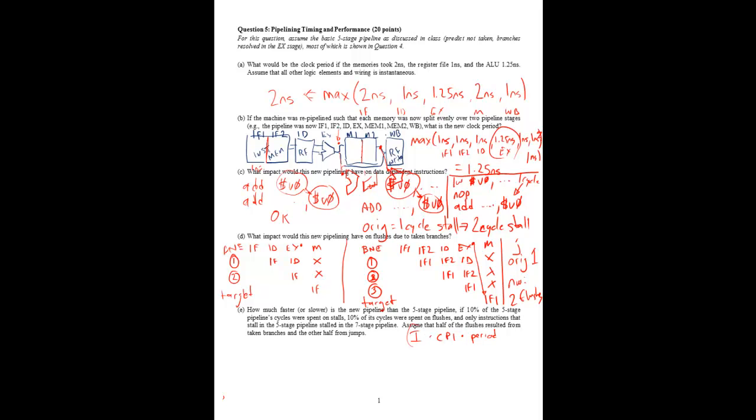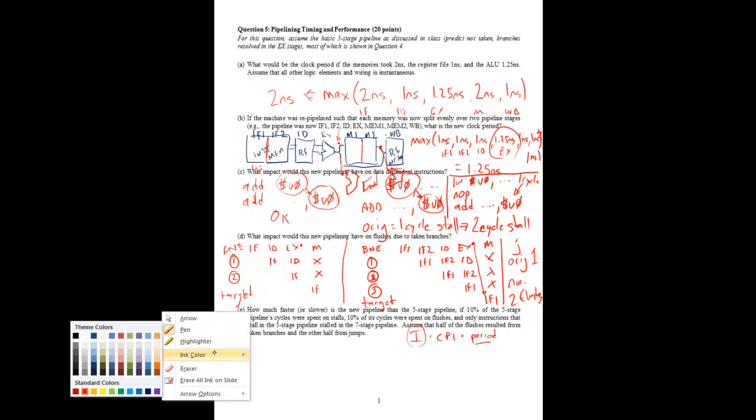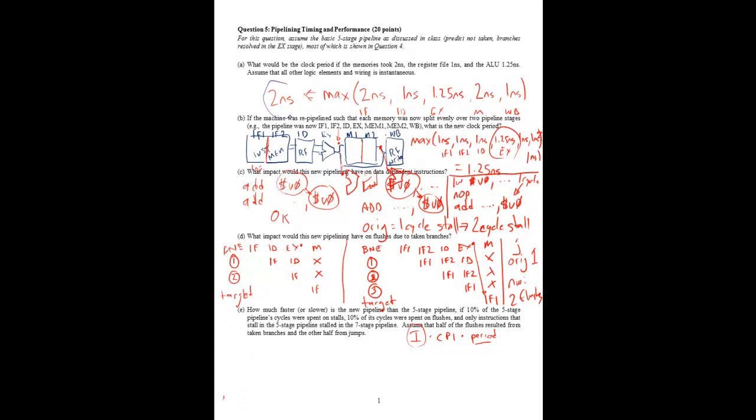Well, the number of instructions is going to stay constant, and we know the change in clock period from the first 2 parts of this question, that originally it was 2 nanoseconds and now it's 1.25 nanoseconds. But we need to find the impact on the CPI. And so in general, our speedup is going to be the original time divided by the new time.